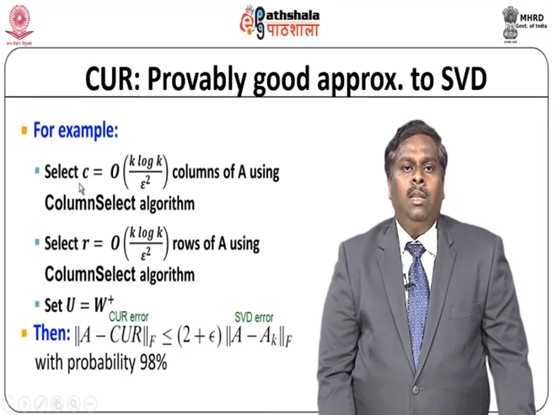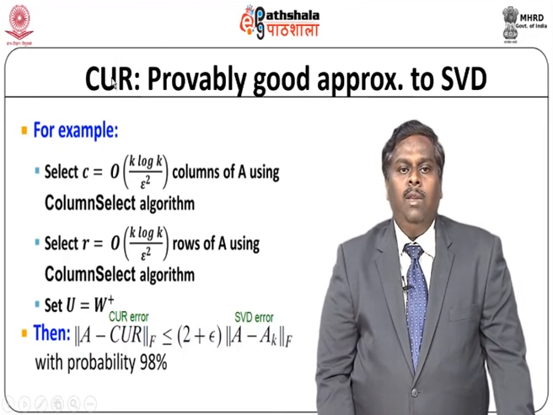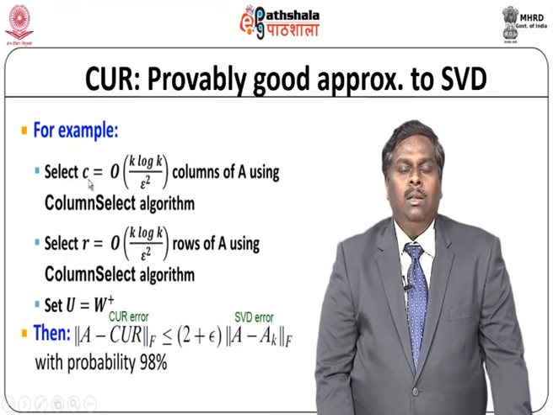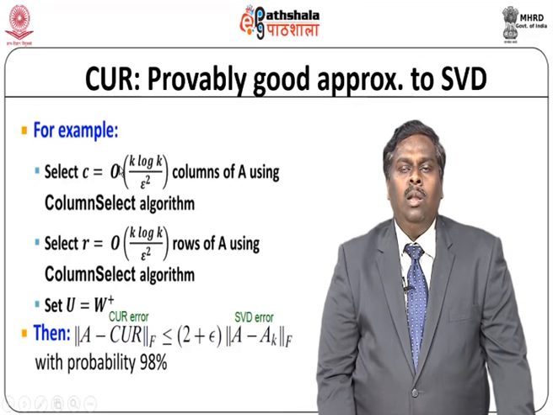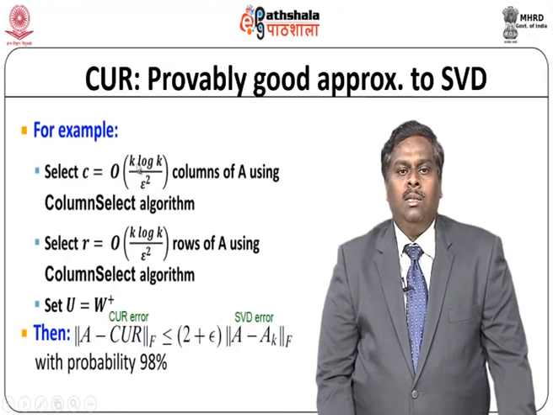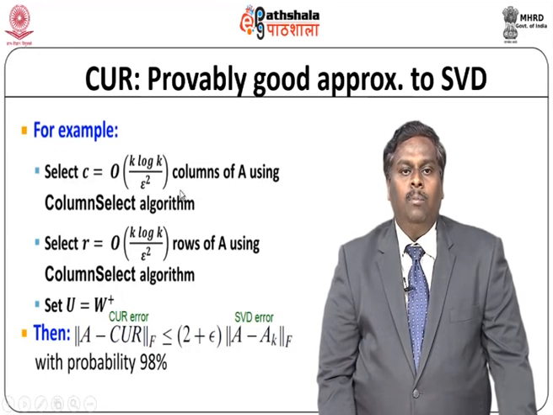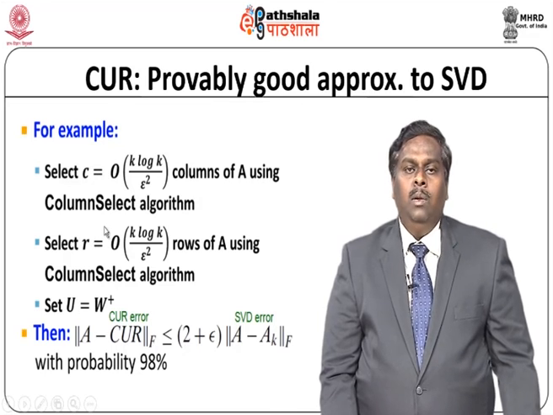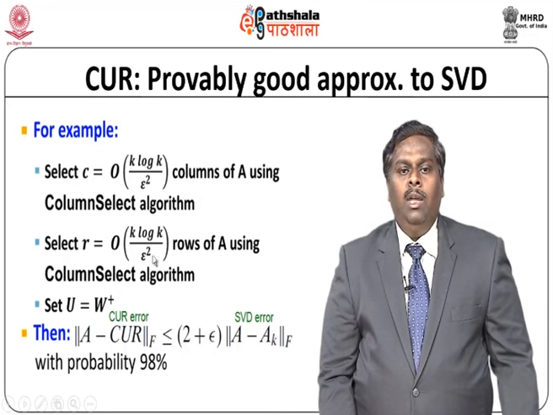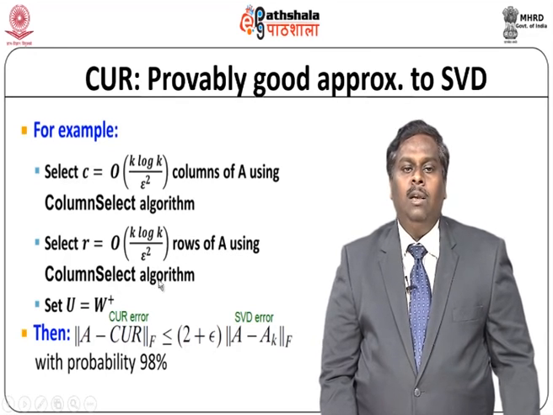Now, in the algorithm of CUR for deriving the C, U and R matrices, when we are selecting C, the number of columns selected is of the order of k log k divided by epsilon square, and this is based on the columns of A using the column select algorithm. Similarly, when you are trying to select R, this is also done in the order of k log k by epsilon square rows of the original matrix A using the same column select algorithm.